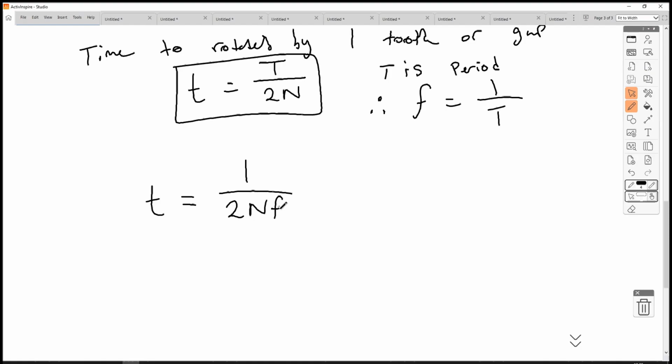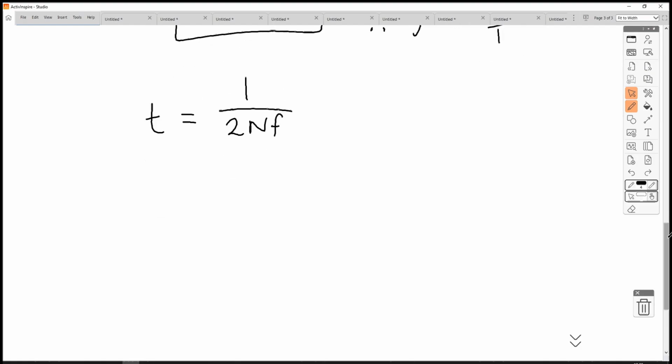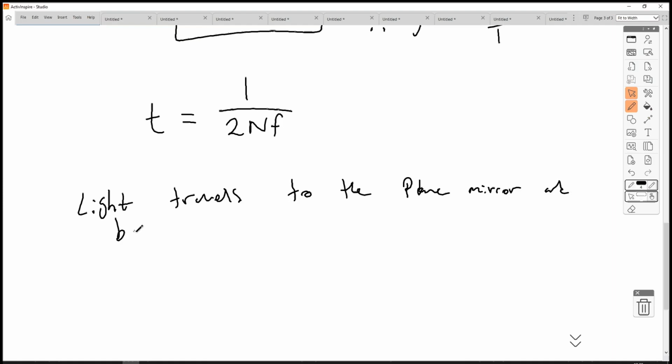And that time is the same time it takes for light to travel that distance, reflect, travel that distance again, and reach that tooth. So light travels to the plane mirror and back in that time.